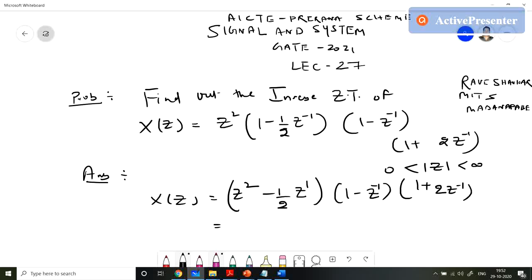So the resultant multiplication is z squared plus 1 by 2 z minus 5 by 2 plus z inverse.